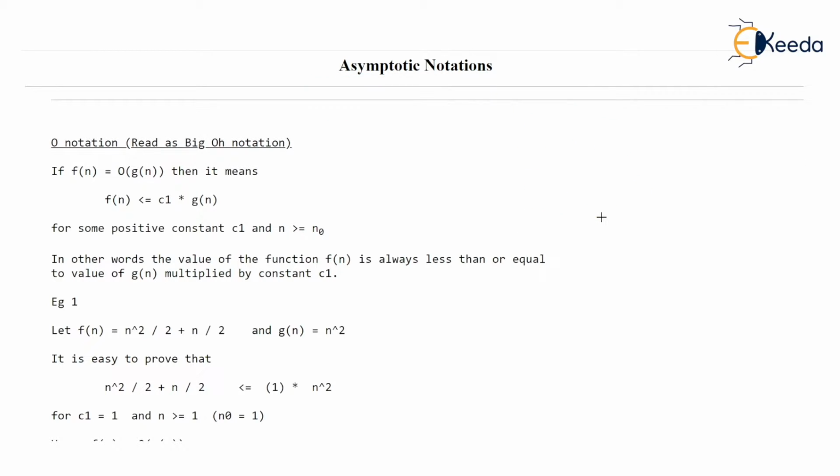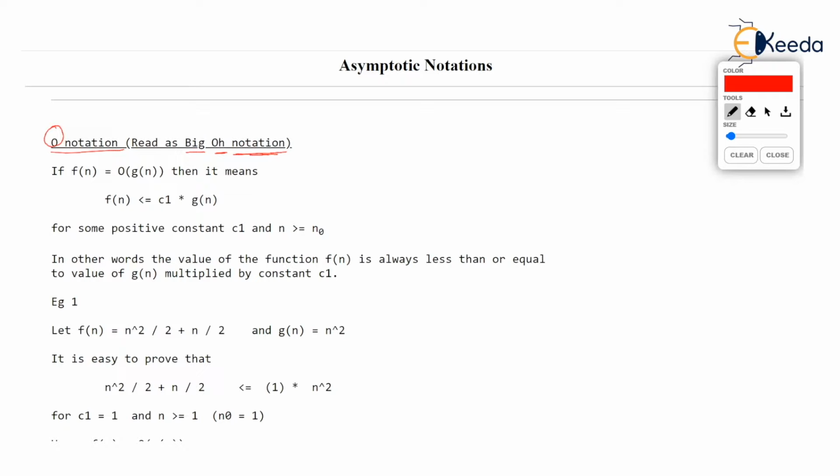Let's start. The first notation, as you see, is O notation. Now, this O notation is read as big OH notation, big O notation. And write that O as big as possible because there is something called small o notation also. So, this is big O notation.